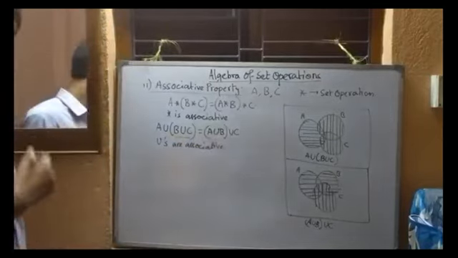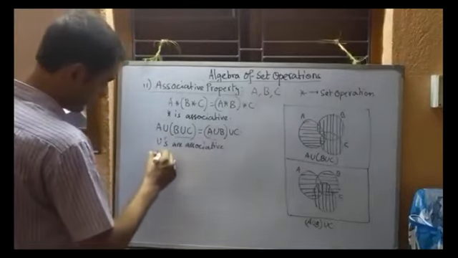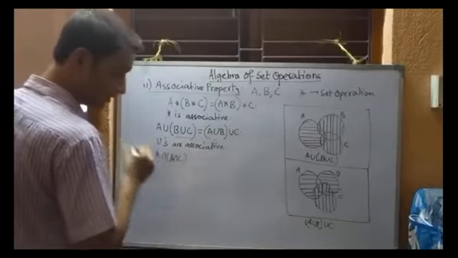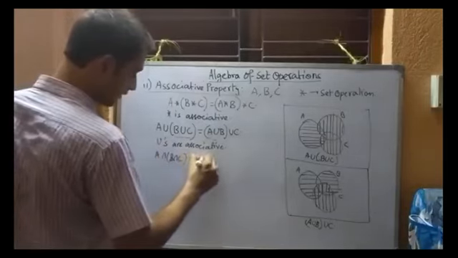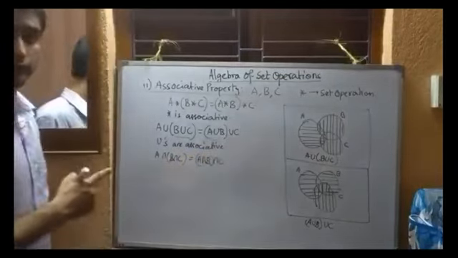So whether intersection will satisfy this, let us check. We have to verify whether A intersection (B intersection C) is equal to (A intersection B) intersection C. So we have to draw the Venn diagrams.